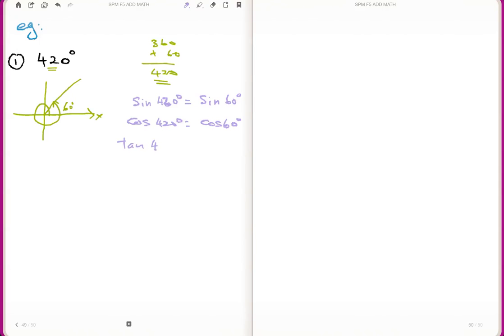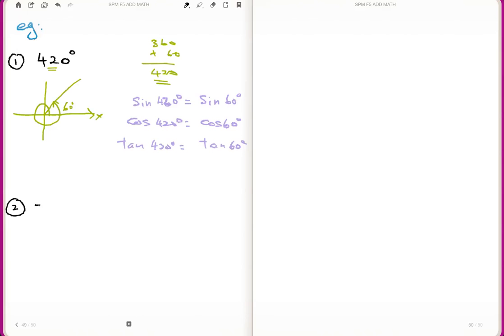Tangent 420 will be equal to tangent 60. 60 is one of those standard angles. It's easy to find out. I'm going to show you how later in the next slide. For any angle, remember, locate its direction. Locate where it belongs to.